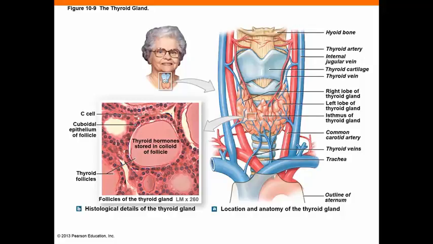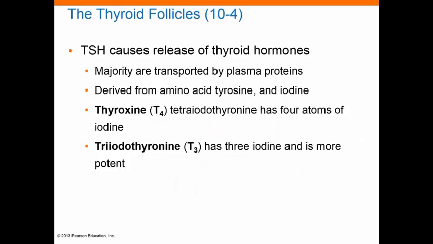Follicular cells make thyroid hormones that are then stored in the colloid. Under thyroid-stimulating hormone stimulation from the anterior lobe of the pituitary gland, the epithelial cells remove the hormones from the follicular cavities and release them into the bloodstream.